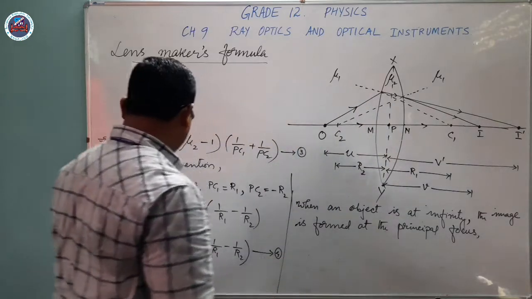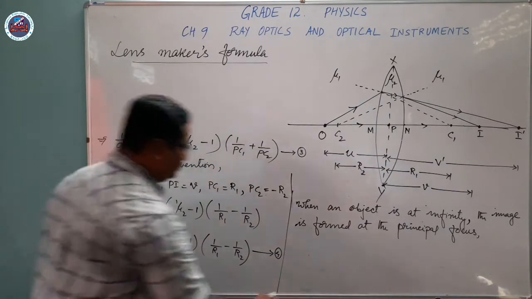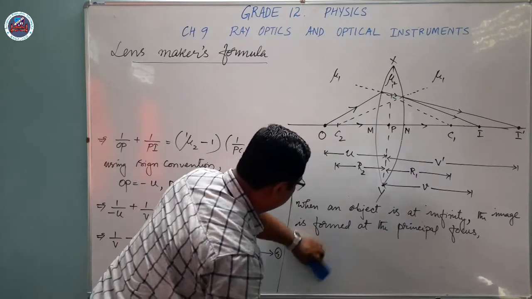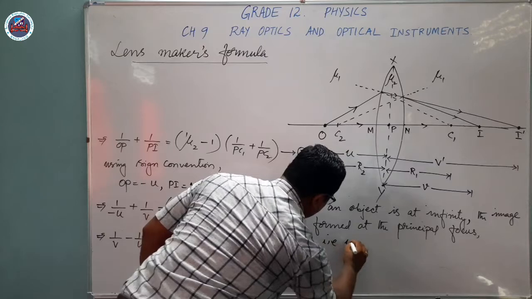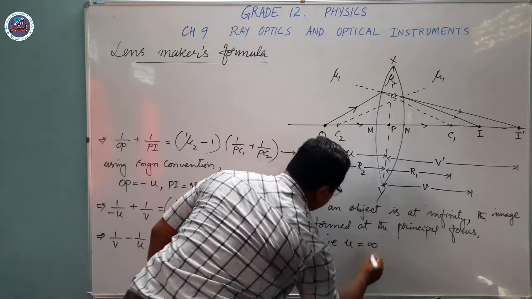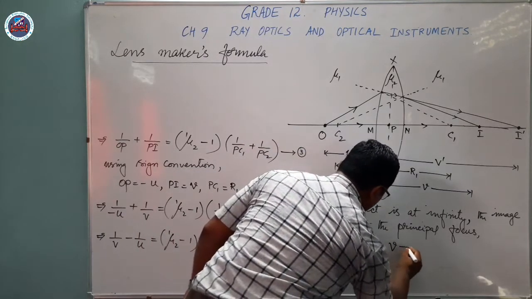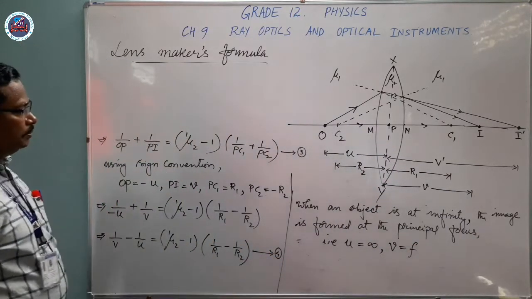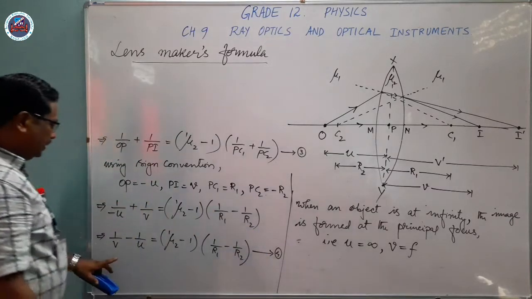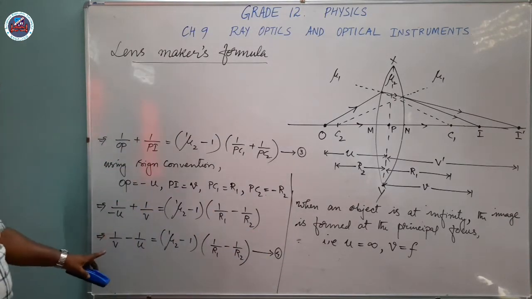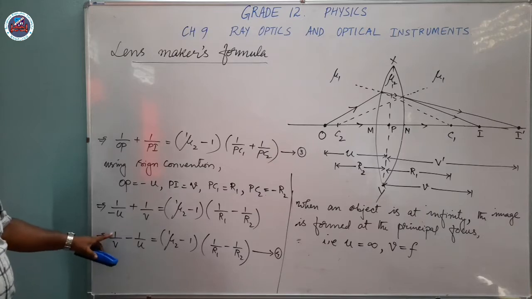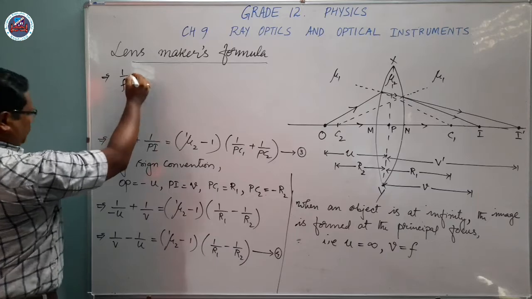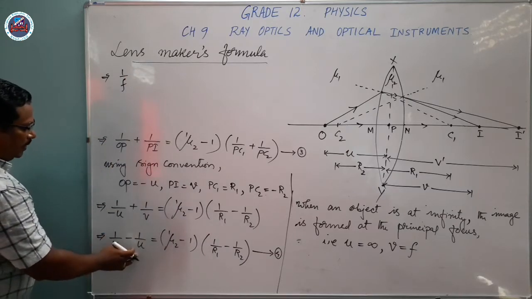Now if the object is kept at infinity, that is, the meaning is, when U is at infinity, the image is formed at the focus. This concept we will put it here. Now if we put this concept here, then 1 by V will become 1 by F. 1 by F is minus 1 by undefined, which is 0.